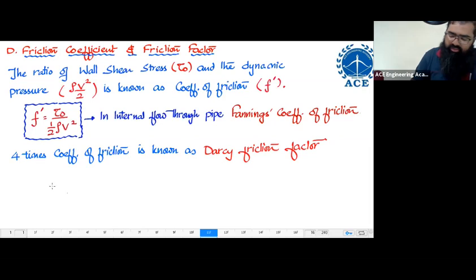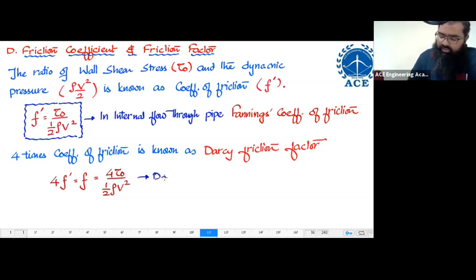So what is this Darcy friction factor? 4 times F prime is equal to F, which is equal to 4 times tau naught divided by half rho v square. This is known as your Darcy friction factor.